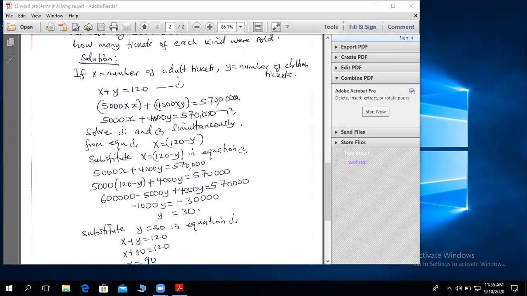And if Y is equal to 30, I can now comfortably substitute it in equation 1. And when I do that, I'm going to get the value of X as 120 minus 30.